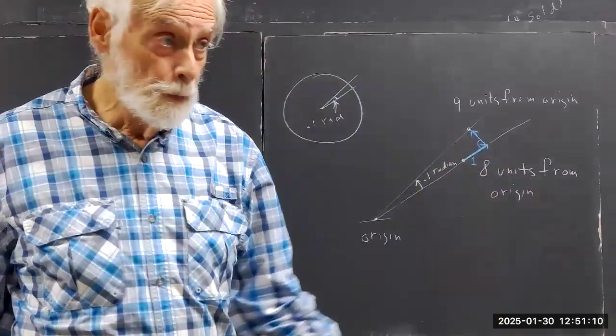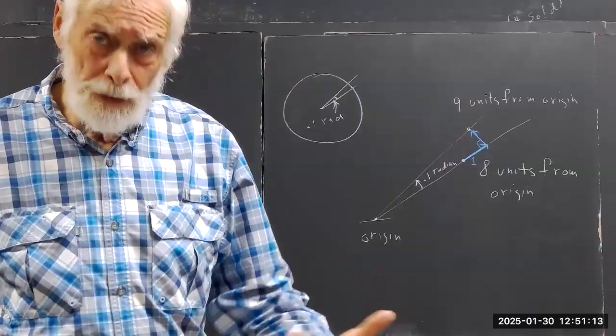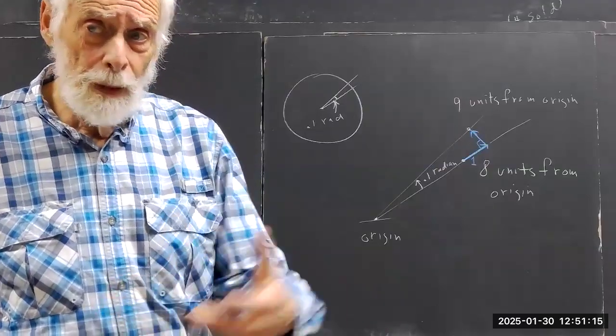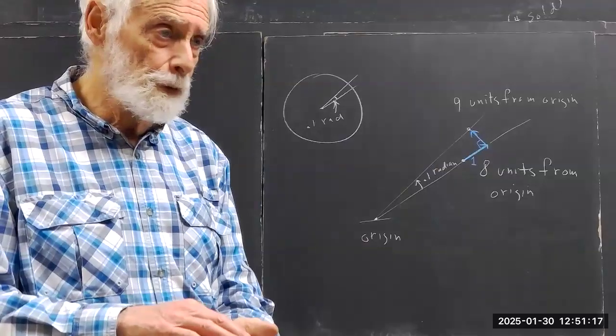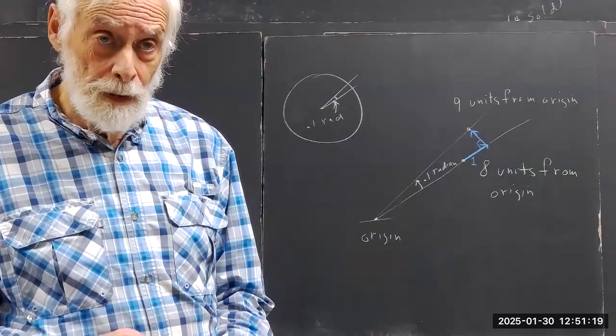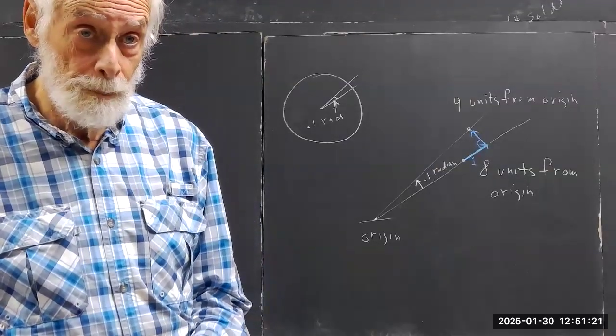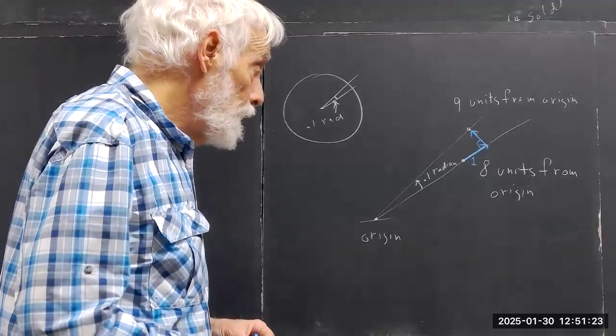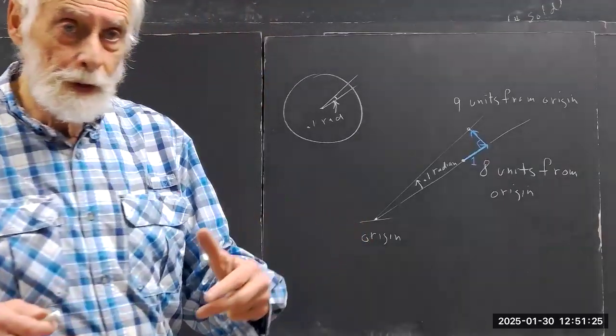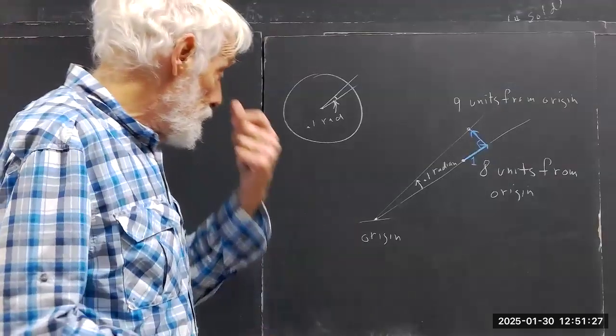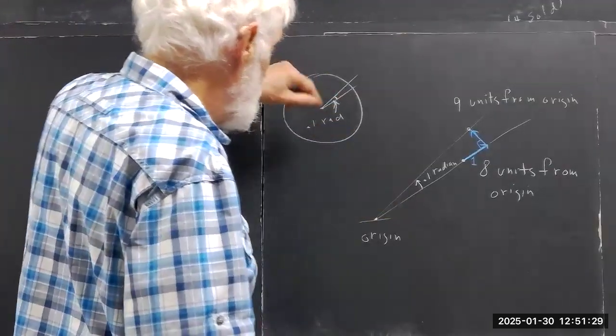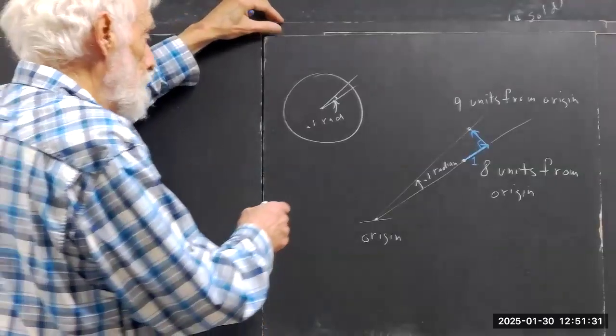Either way, it's going to have a radius of 9. Does that make sense? This picture is central to something that's kind of hard to understand, and it comes up several times. So we want this circle to have radius 9.